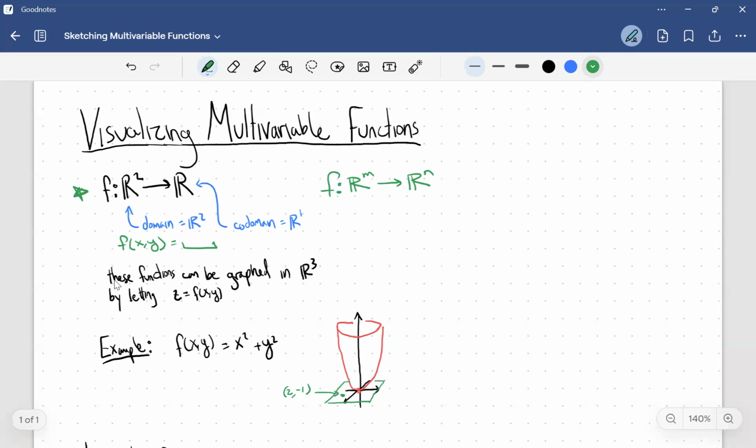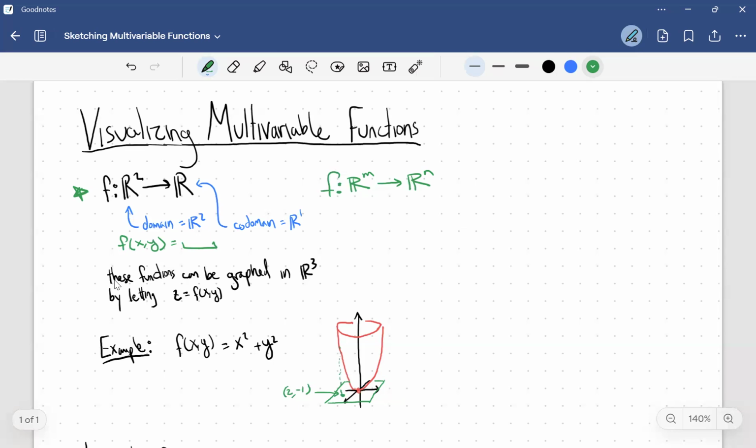So we take that as our input, x is equal to 2, y is equal to -1. And then because f of xy is x squared plus y squared, f of 2 comma -1 is going to be 2 squared plus -1 squared. That is going to be 4 plus 1, and so that is going to be 5.